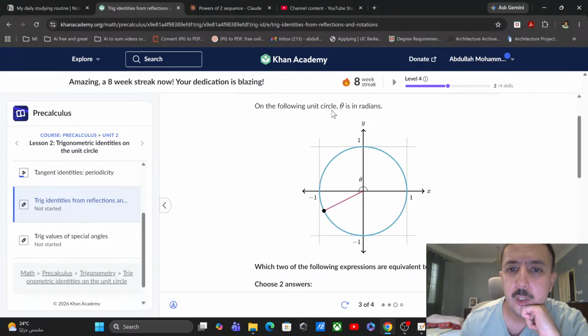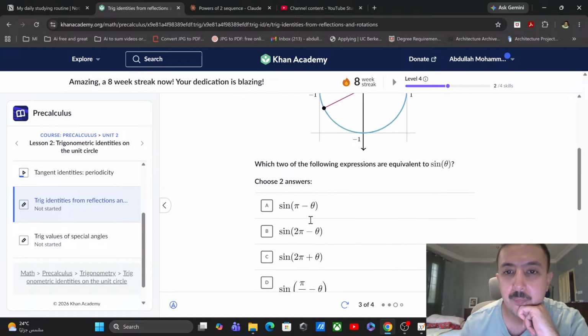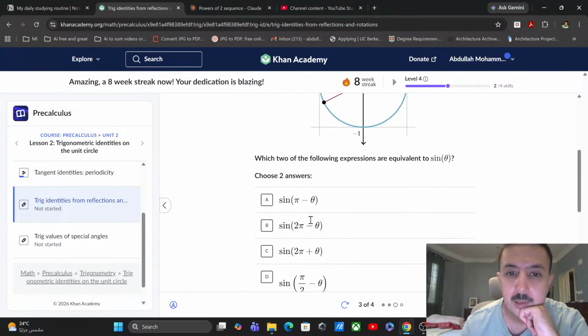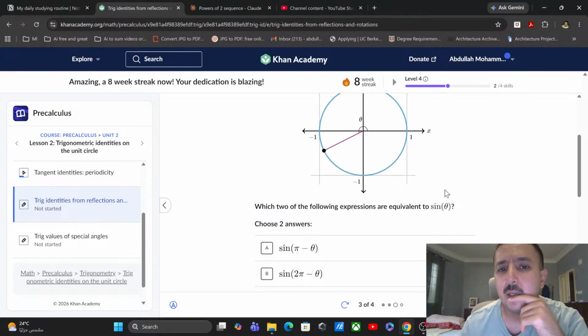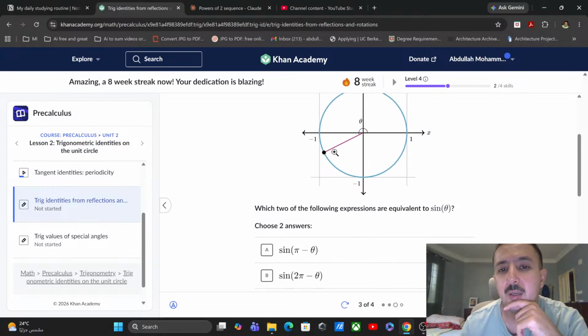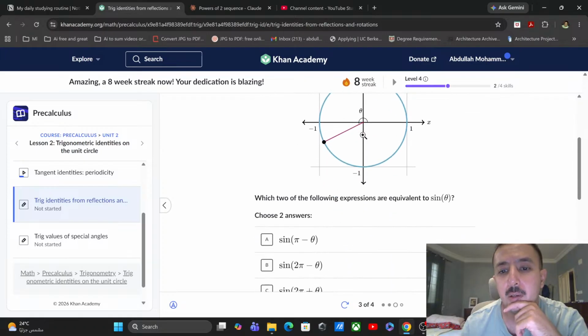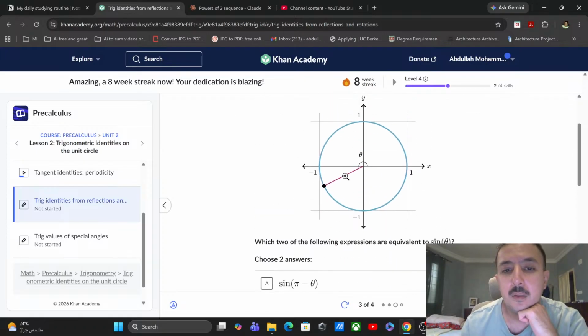On the following unit circle, theta is in radians. It's in quarter 3. Which of the two following is sine theta? So sine theta here, sine theta here.